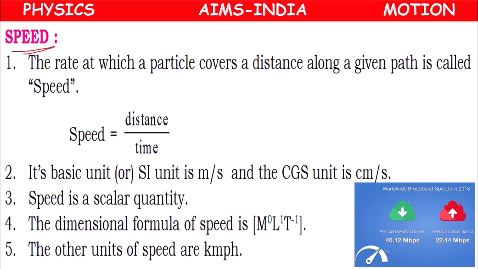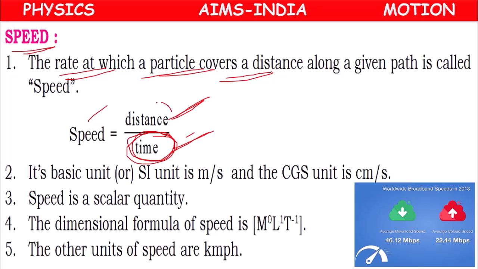Next, speed means distance traveled in unit time. Whenever we are comparing a quantity with time, we have to define it as a rate. The rate at which a particle covers a distance, the rate of change of distance, is called speed. Why are we using the word rate here?